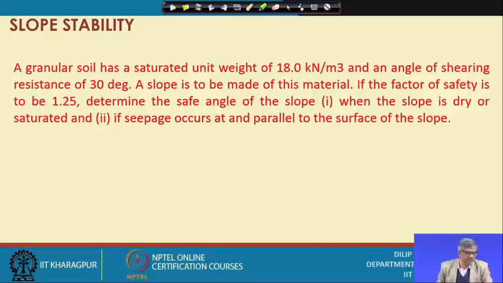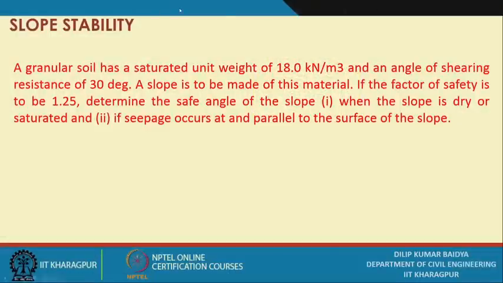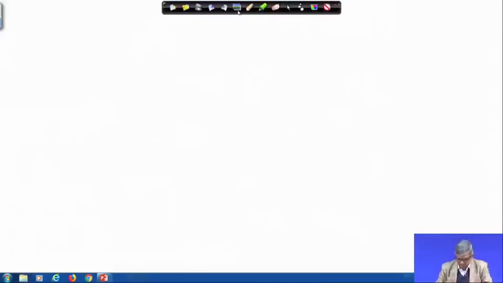If the factor of safety is to be 1.25, determine the safe angle of the slope when the slope is dry or submerged, and second, if the seepage occurs at and parallel to the surface of the slope. So, in this problem we are explaining case 1 and case 3: either dry or submerged, and the third case where flow is taking place but it is parallel to the sloping surface.